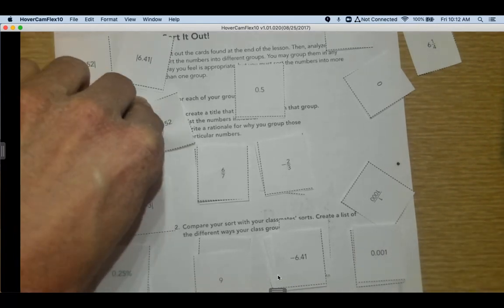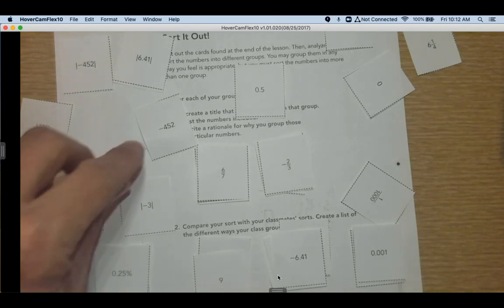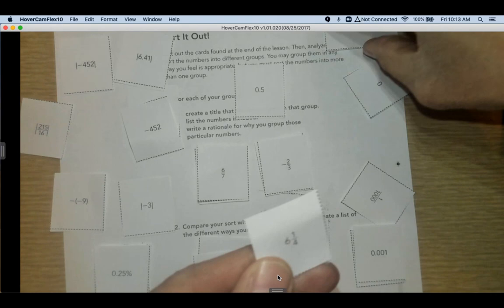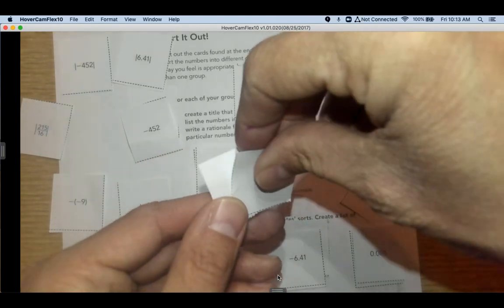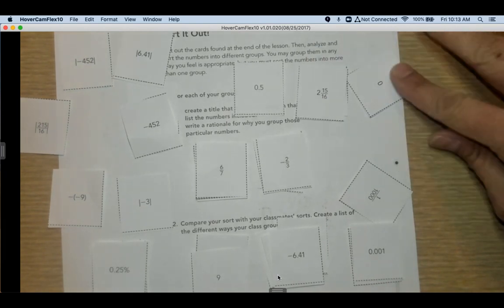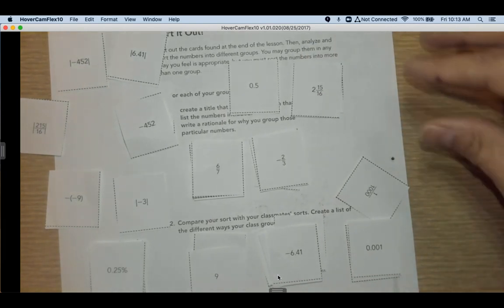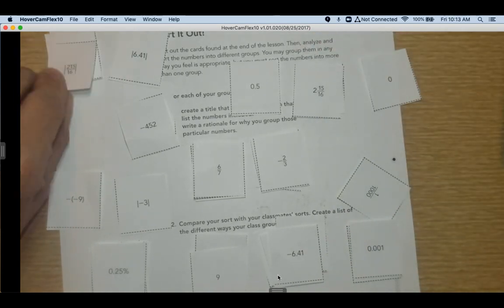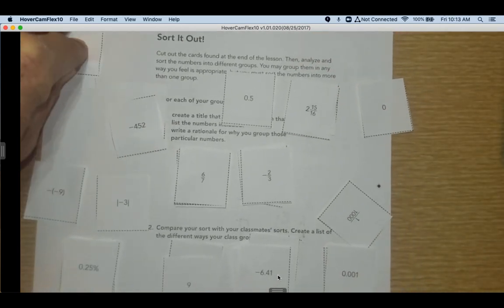I have negative 3 and negative 452. I'll put those together because those are negative numbers. I'll put 6 and 1/4 together with 2 and 15/16 because those are positive mixed numbers. I will put these together because they all deal with the absolute value.